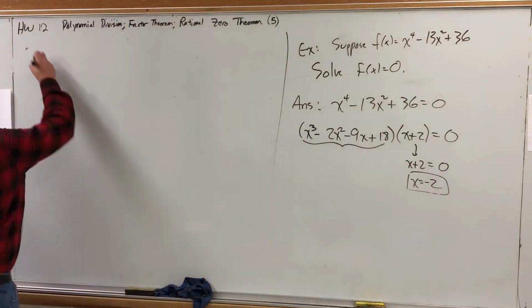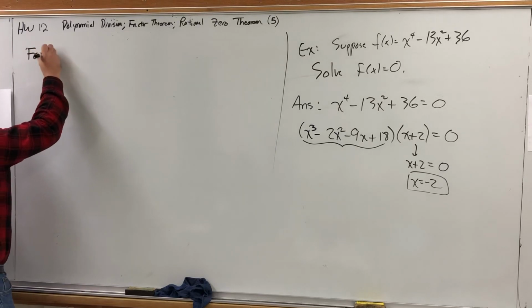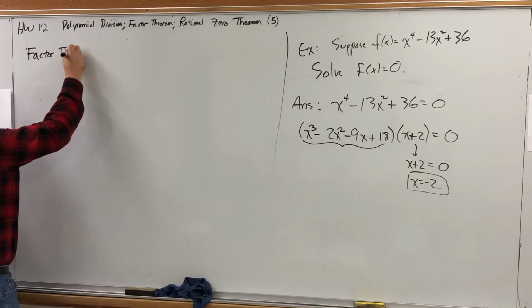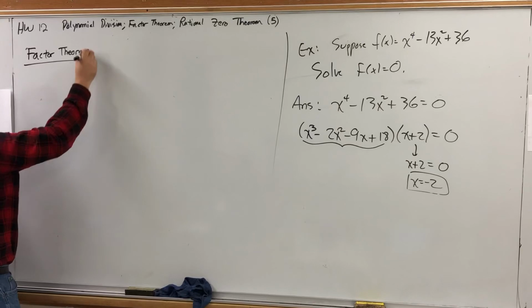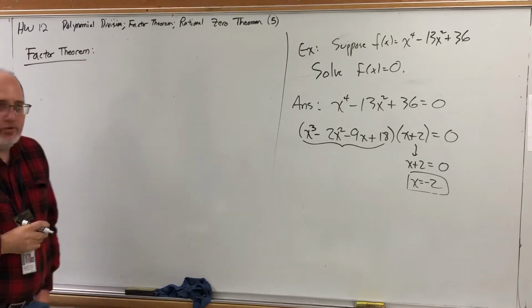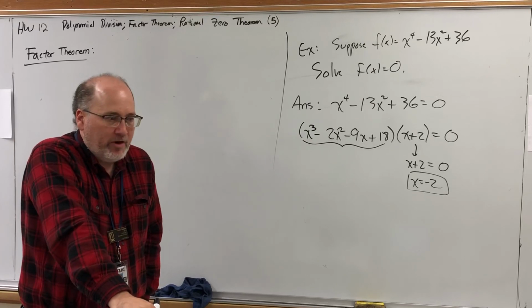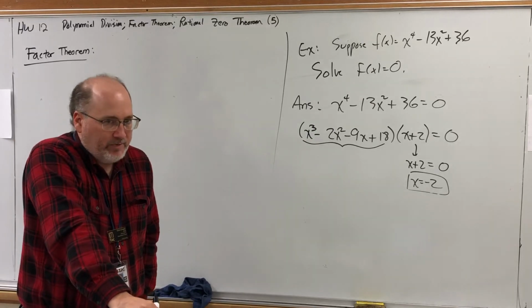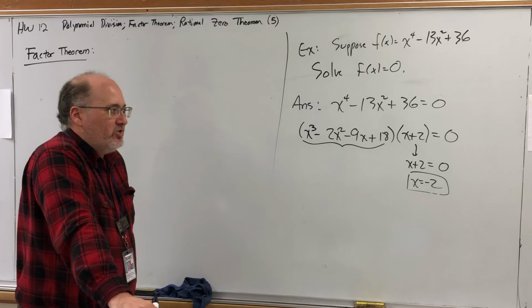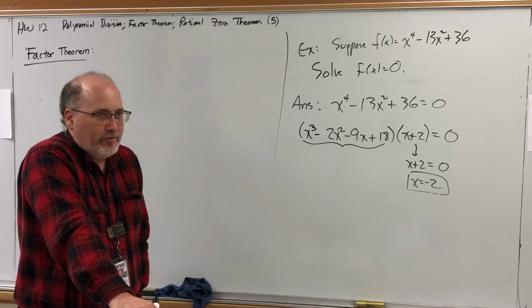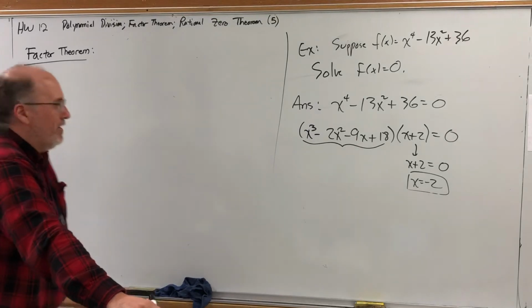There's a theorem called the factor theorem. A theorem is just a mathematical statement that has been proven true, so we know that it's always true, as opposed to a conjecture, which is something that we think is true, but either we can't prove it or it's impossible to prove. There are such things as conjectures that cannot be proven, a little bit beyond what we can talk about right now.